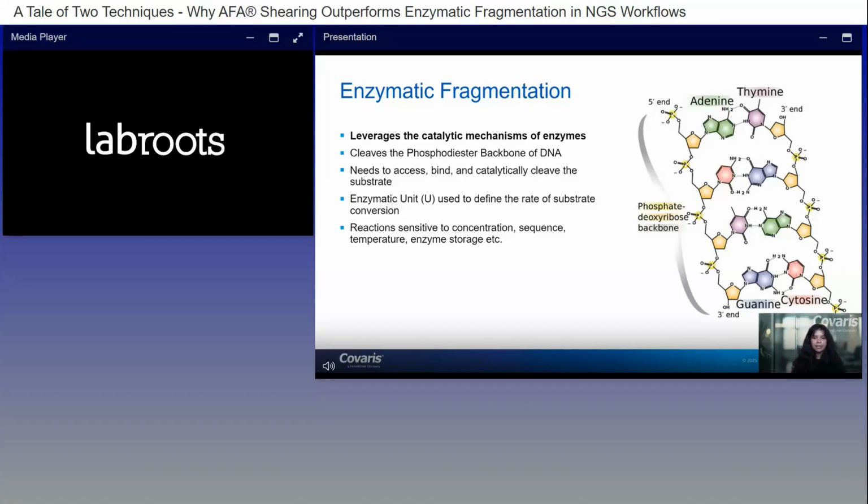And this is usually defined as an enzymatic unit. You might have seen this when looking at commercially manufactured enzymes. The enzymatic unit defines the right rate of substrate conversion. Now, in addition to being sensitive to concentration, enzymatic reactions can be sensitive to things like sequence bias, ideal reaction temperature, and also factors such as ideal enzyme storage.